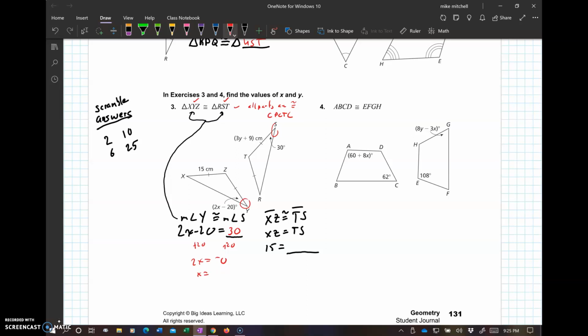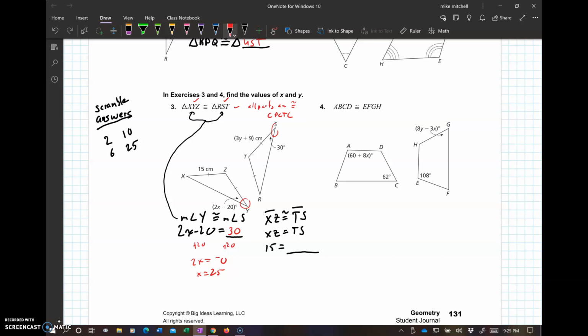Okay, so we get x equals 25. So we know that's 25. This is an isosceles triangle, so 30, 30, that's got to be 120. That's going to work too. 2 times 25 is 50, minus 20 gives me 30, it matches up.